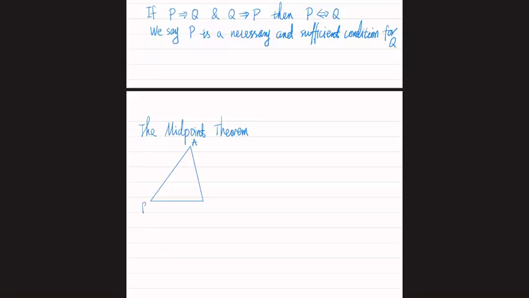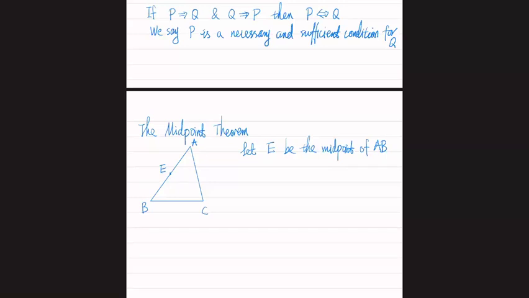A, B, C, E. Okay, so that's our condition.